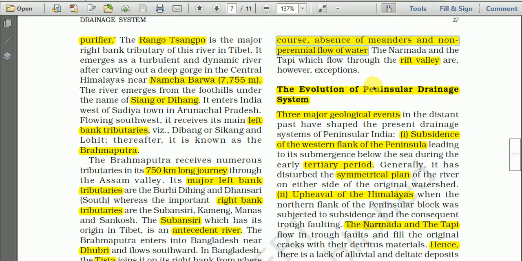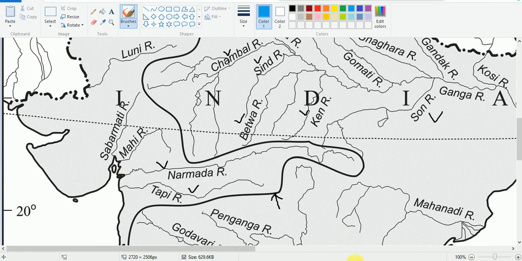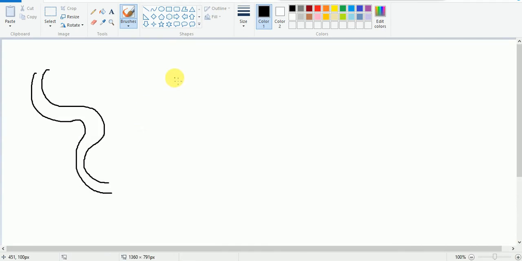The Narmada and Tapti, which flow through the Rift Valley, are, however, exceptions. So Narmada and Tapti are flowing in the Rift Valley. Rift valleys, as you know, are long narrow valleys formed by the faulting process. Just here, these are the different layers or the different formations of the earth.